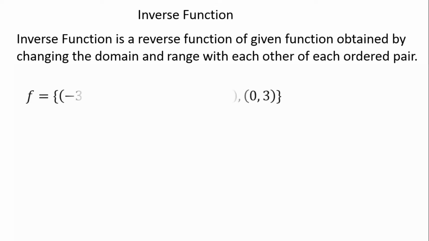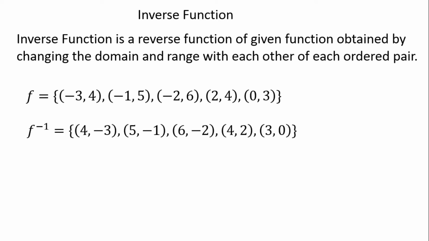For example, let's take a function f and the ordered pairs are (3, -3), (4, -1), (5, -2), (6, 2), (4, 0), (3, ...). Now if we change the domain and range with each other, then we get the inverse function. That means f inverse will be equal to (4, -3), (5, -1), (6, -2), (4, 2), (3, 0). In this way, simply we can find the inverse function of any function which is in ordered pairs.